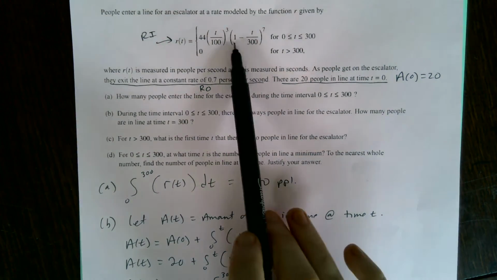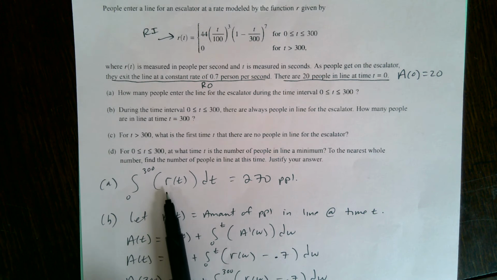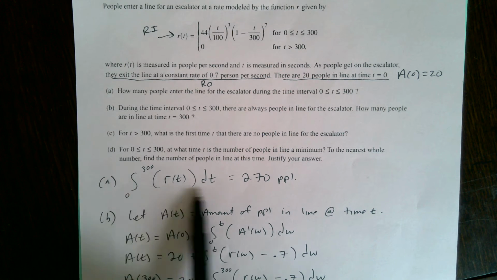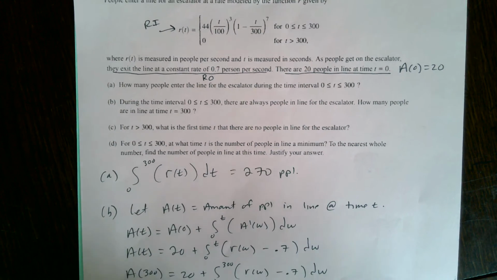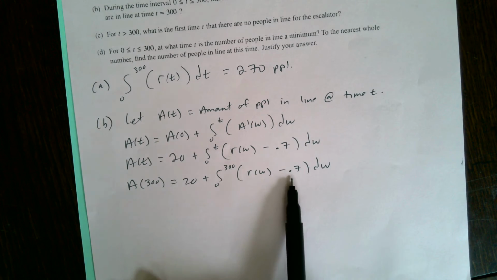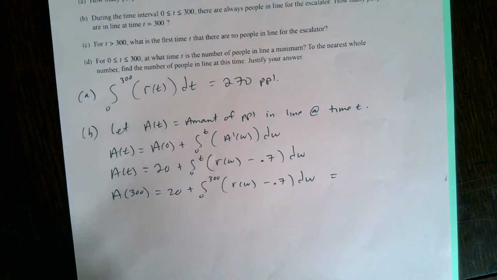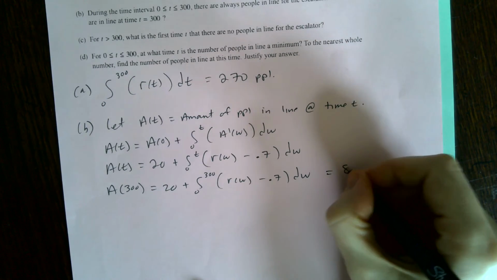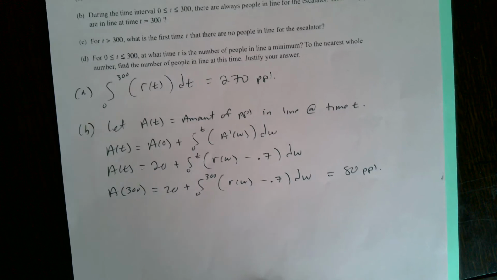But since I already typed in this integral for part A, I can go back to it. I can highlight it in my calculator and hit enter, and that'll bring it down again. And then I could just go inside here and put minus 0.7, instead of typing the whole thing over again. And then what we end up with here, I believe, is 80. Yes, 80. 80 people.